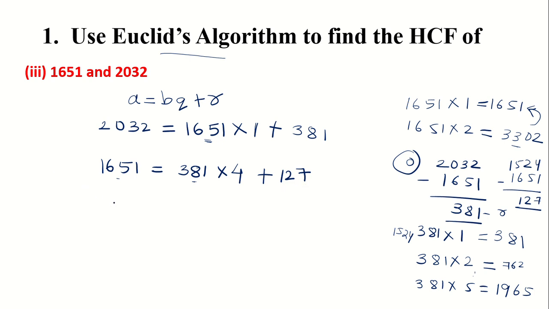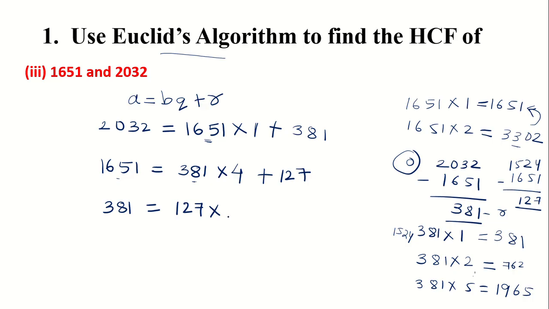In the next step, what will be the a value here? The divisor in the previous step. What was the divisor? 381. So 381 equals, what was the remainder in the previous step? That was 127. Now the table we need to consider is 127.